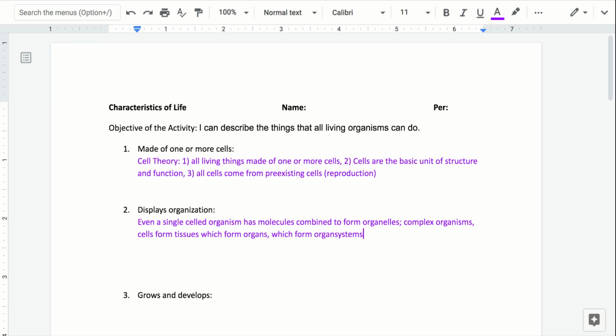So all of these things are made up of simpler parts combined together. And that's what we mean by organization. Okay? Simpler parts.